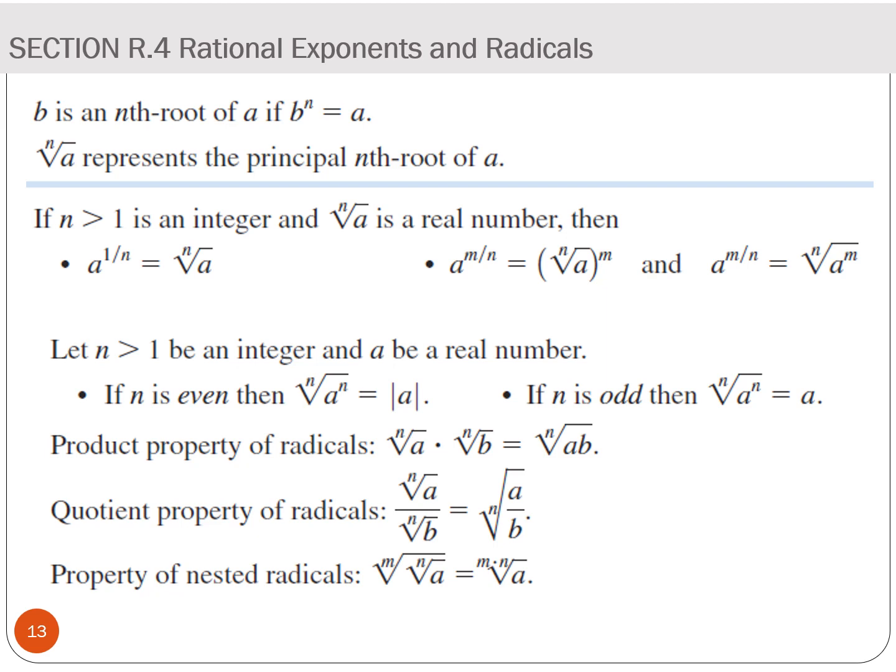Here is the general case. If you raise a to the power m over n, the denominator still defines the index of the radical. But this is a to the m over n equal to the nth root of a, and everything raised to the power m. Or you can just leave the m inside the radical.